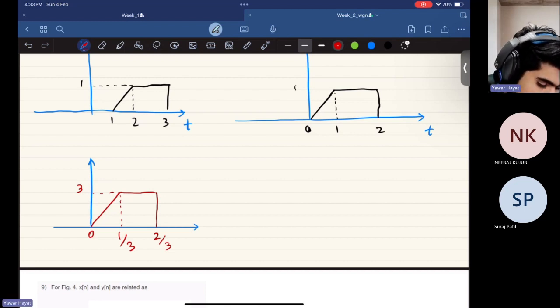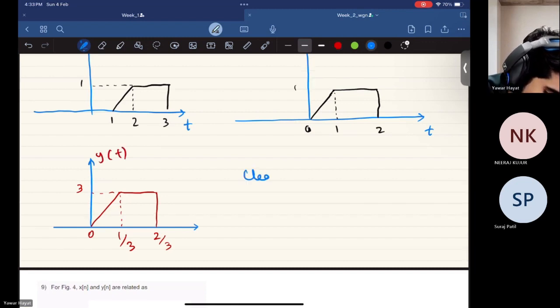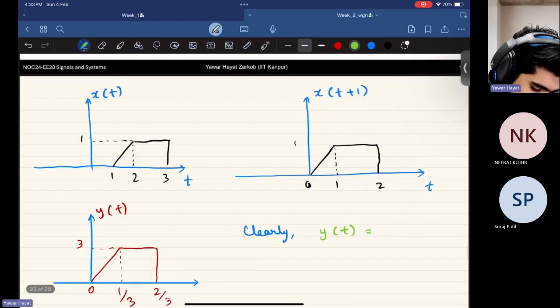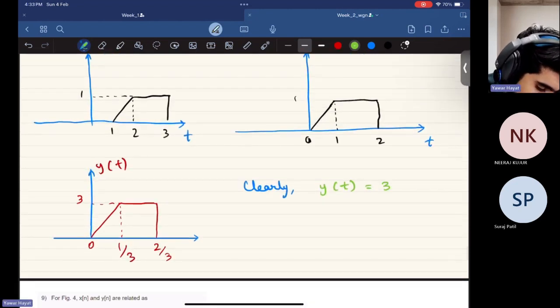So clearly it is clear that y of t is 3 times the amplitude scaling factor, right?